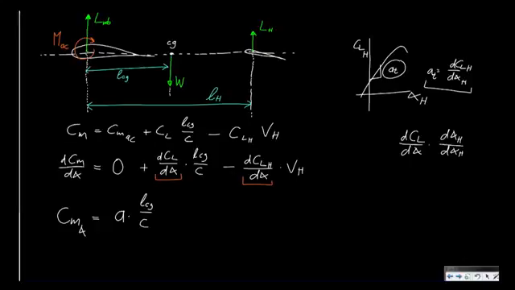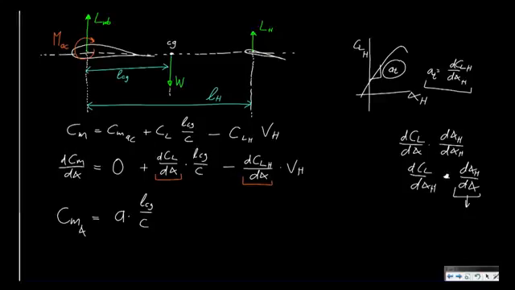The change of itself due to itself is always 1. If you look at it in deltas, the numerator and the denominator of the fraction are the same, so it's multiplied by 1. This we can also write as dCL/dαh times dαh/dα.